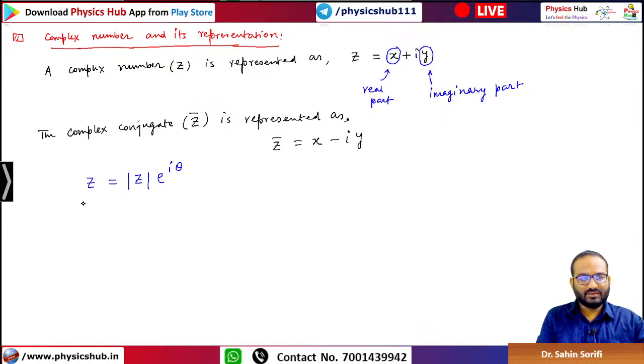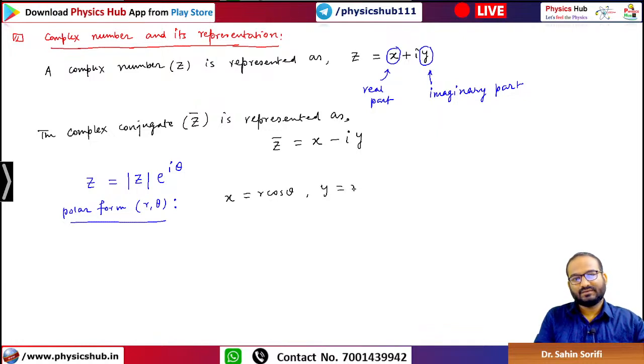Polar form means in terms of r and theta. So the real part x in polar form is written as r cos theta, and y is written as r sin theta.